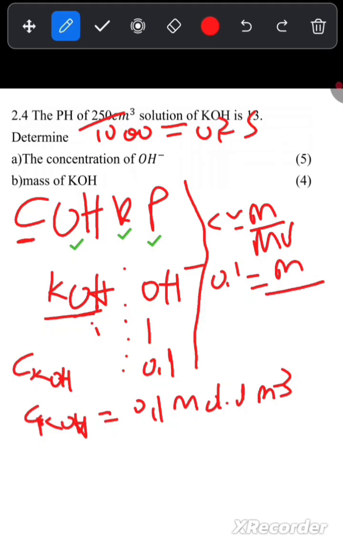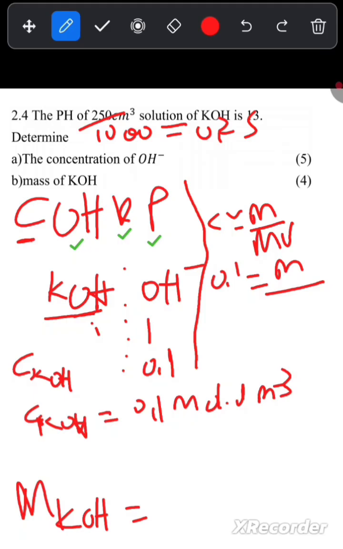Then we know the molar mass of KOH. K is 39 plus 16 plus 1.